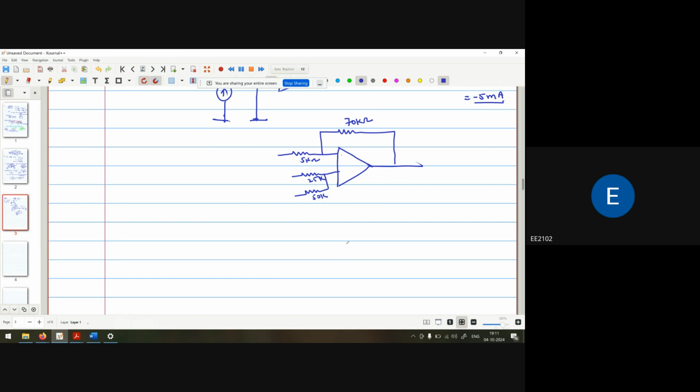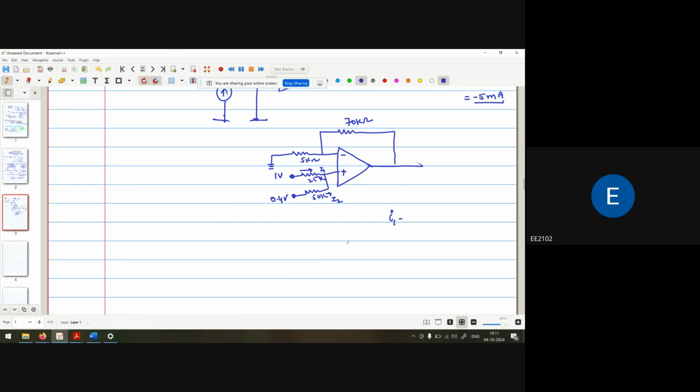So it has a negative and a positive terminal, connected with ground, 1 volt and 0.4 volt. First of all, the current in this branch, if I call it I1, and the current in this direction is I2.